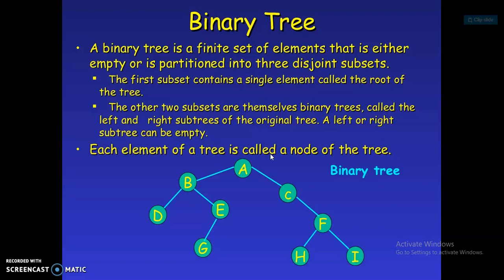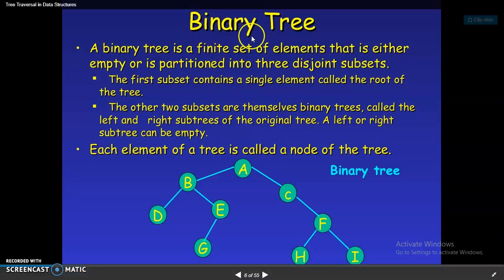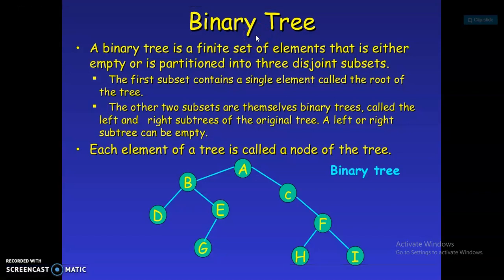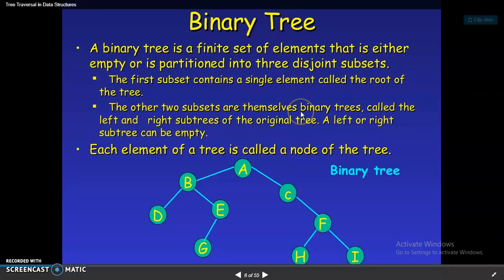But a binary tree, where binary means two, can have a maximum of 2 child nodes. A node can have either 0 child nodes, 1 child node, or 2 child nodes, but not more than 2. A tree with at most 2 child nodes per node is called a binary tree. Here is an example of a binary tree. A has two child nodes, B and C.